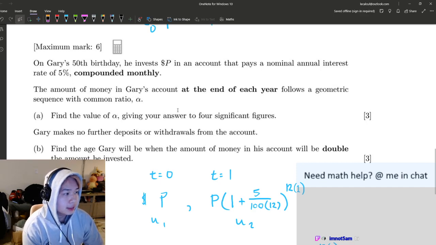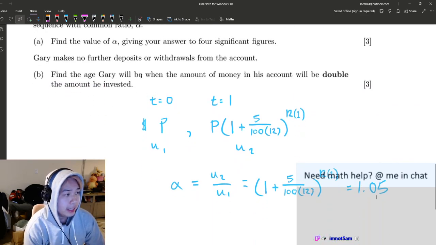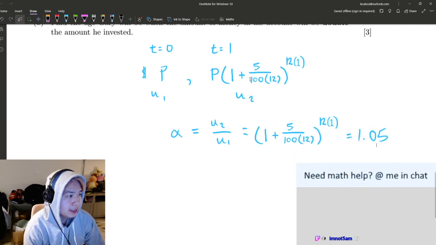Okay, so then afterwards, Gary is no longer going to add or take away money from the account. Find the age when the amount will be doubled.